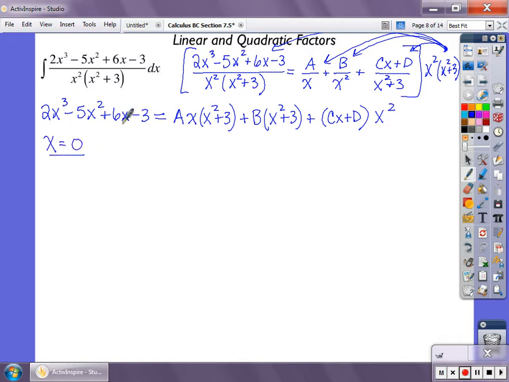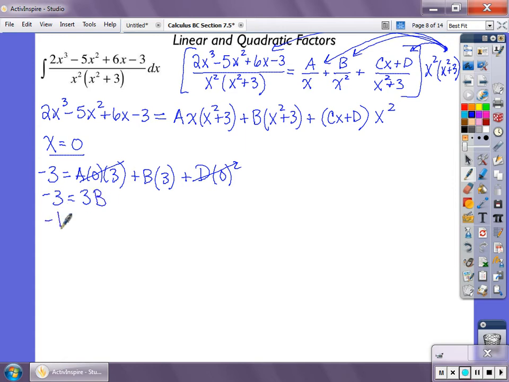Plugging it in here, here, here, we have negative 3 on the left-hand side, equals a times 0 times 3, which will be 0, plus b times 0 squared plus 3, which is just 3, plus c times 0, which is 0, and d times 0 squared, which does not matter because that's 0 anyway. And so we're left with negative 3 equals 3b, and so b is negative 1.